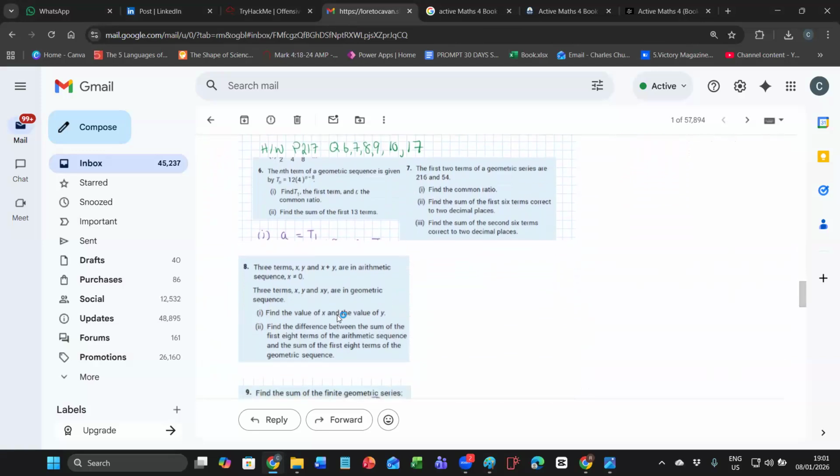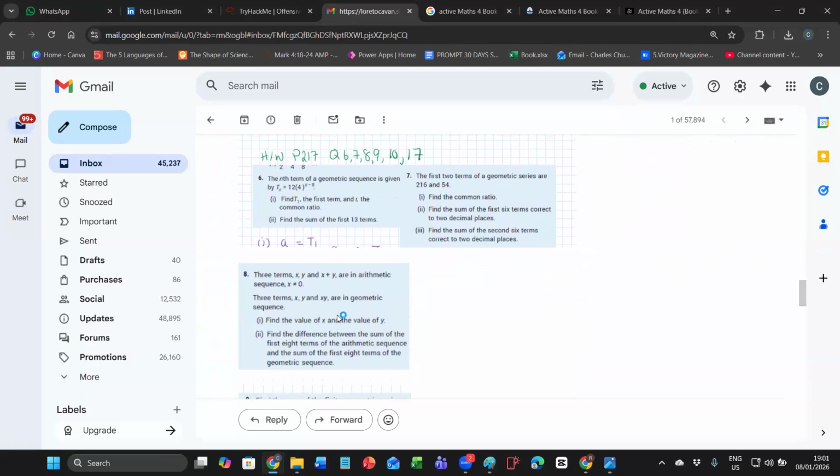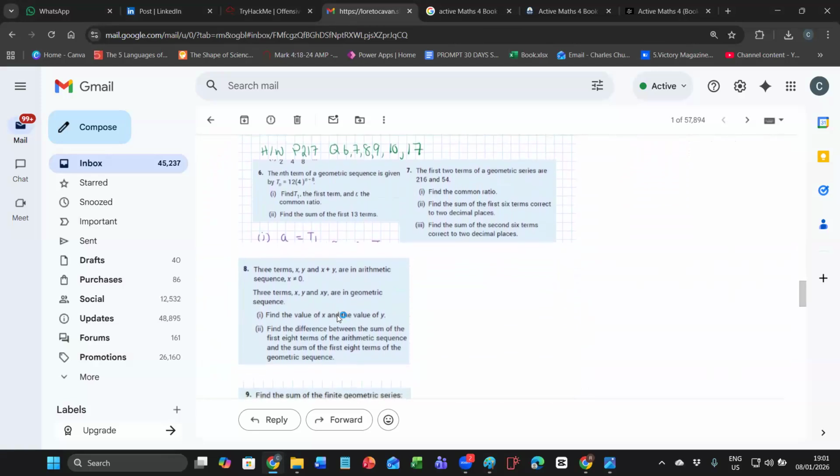Okay, good. It says that the nth term of a geometric sequence is given by this. So this one, they gave us what the nth term is, even though it's not looking like the typical thing. That's 12 times 4 raised to the power of n minus 8.